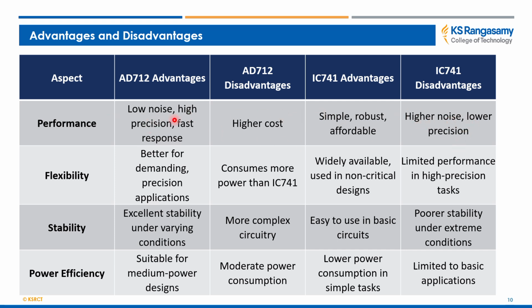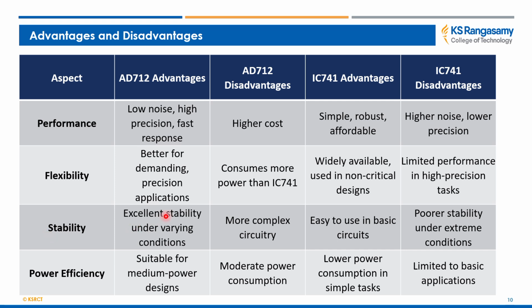So it is the opposite of the IC741. Flexibility: AD712 is better for demanding precision applications, while IC741 is widely available and used in non-critical designs. AD712 consumes more power than IC741, and IC741 has limited performance in high precision tasks.